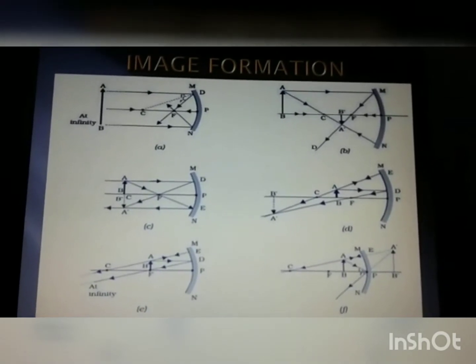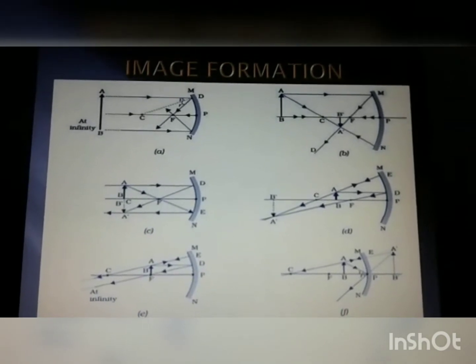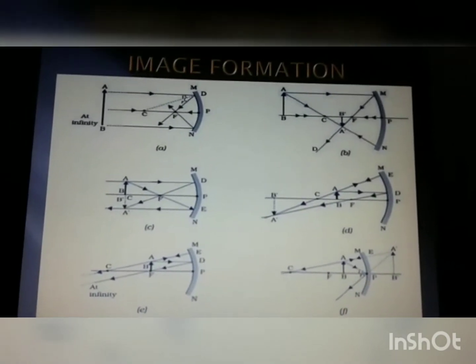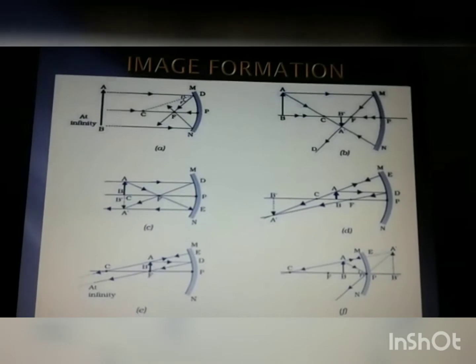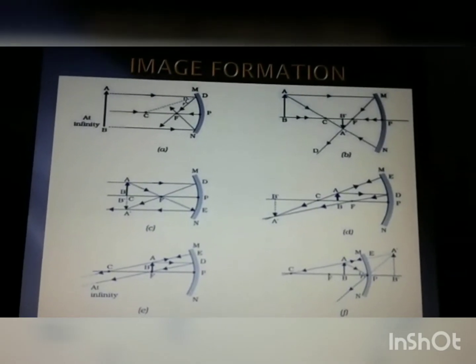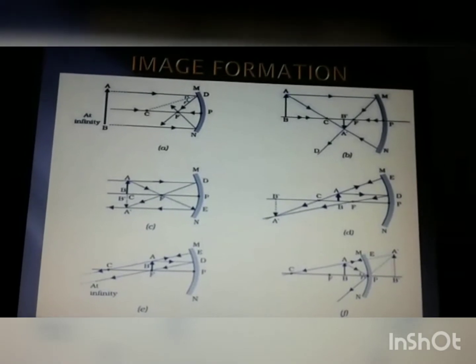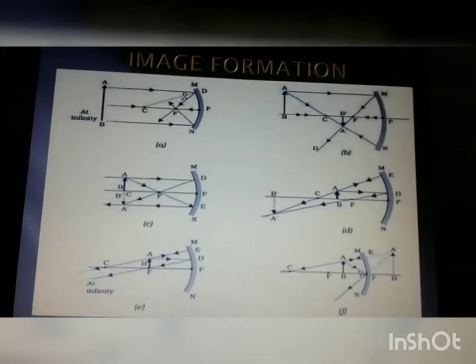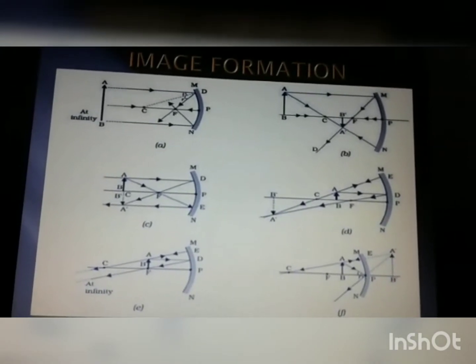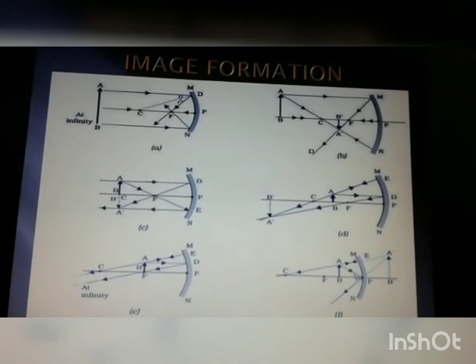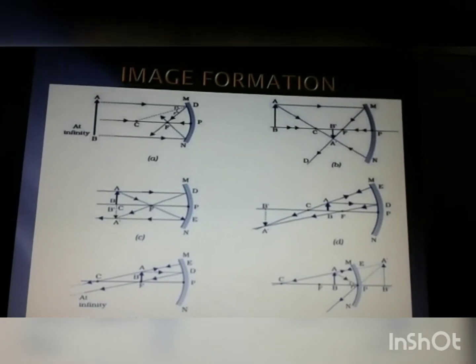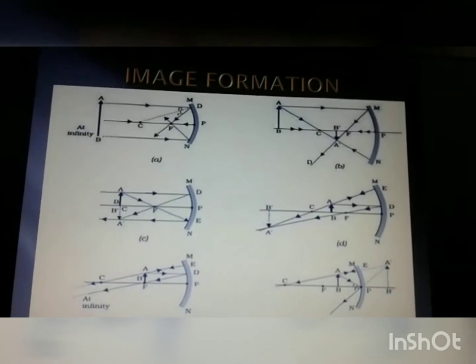Next is a ray which is parallel to the principal axis. It always passes through the focus in case of a concave mirror, while in a convex mirror it appears to diverge from the principal focus.